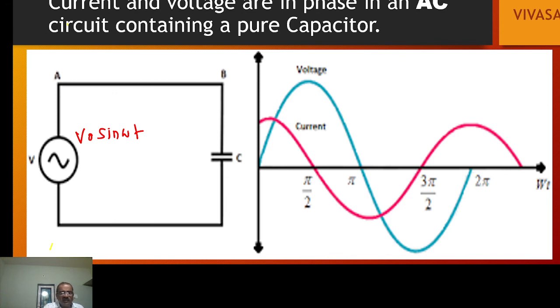Now this can be mathematically discussed as below. That means we are coming to the expression for the capacitor. We take the first equation, V is equal to V naught sin omega t, equation number 1. But in the capacitor the voltage is Q upon C, equation number 2.